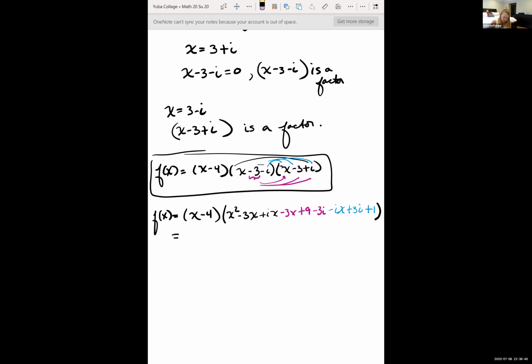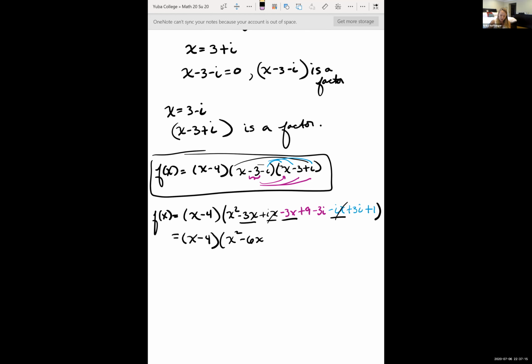Before we distribute, let's combine like terms inside that second parentheses. There's only one term with an x squared. Bring it down. Let's look at all the real coefficients that have just a single x. I have a negative 3x and a negative 3x, so that's a negative 6x. Now let's look at all the terms that have an imaginary coefficient with just an x. Here we have an ix and a negative ix, so those cancel one another.